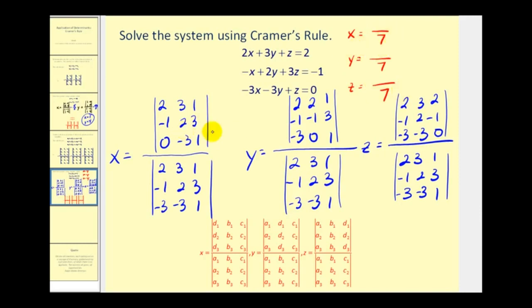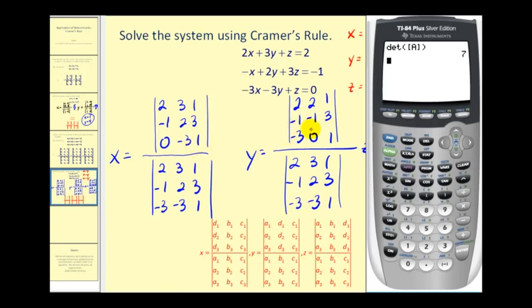Now let's evaluate each of the numerators. Let's put the numerators in as matrix B, C, and D. So 2, 3, 1, -1, 2, 3, 0, -3, 1.